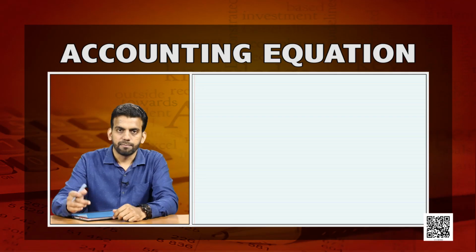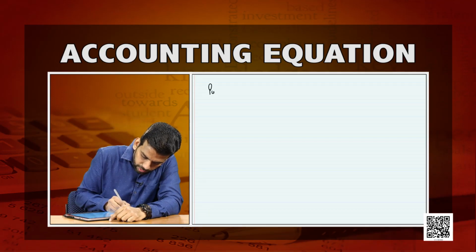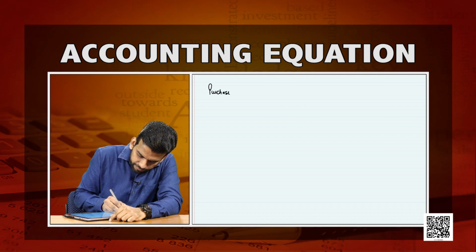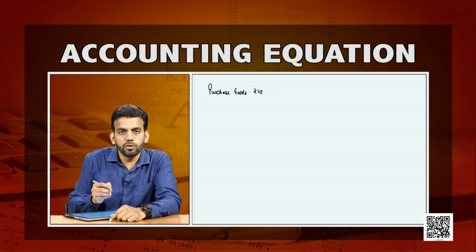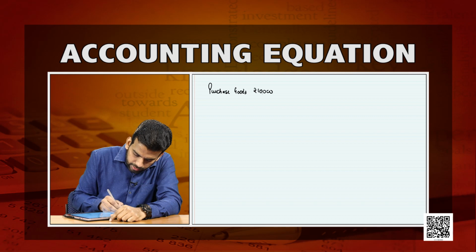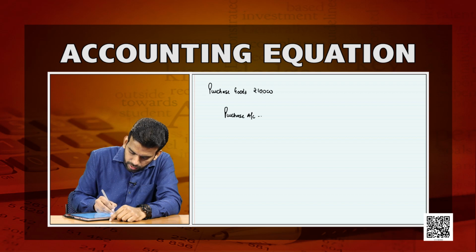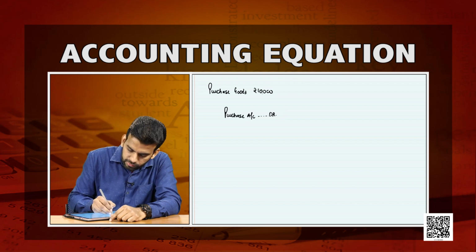Let's start with an example. Before doing that, I would like to tell you there are two types of GST when it comes to within-the-state sale. It is CGST and SGST. Let's take an example. Usually, we have an entry: purchase goods 10,000. We simply make purchase account debited 10,000.